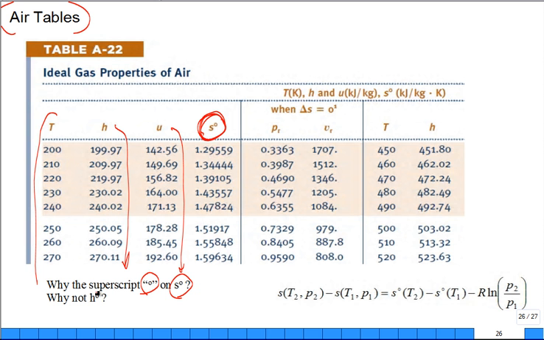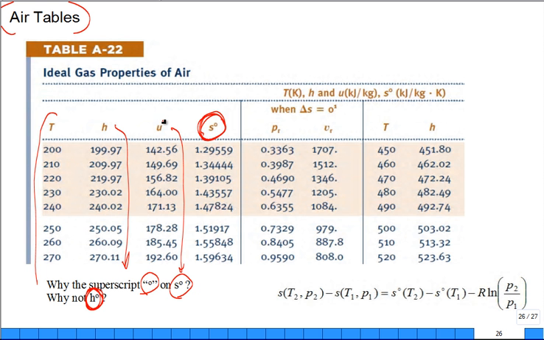Why not on H naught? Why don't they put H naught? Hey, you got it. Why not put a U naught? Because H is only a function of temperature for air, ideal gas. You see, this is ideal gas properties of air. It's assuming that air is behaving as an ideal gas at that pressure and temperature.